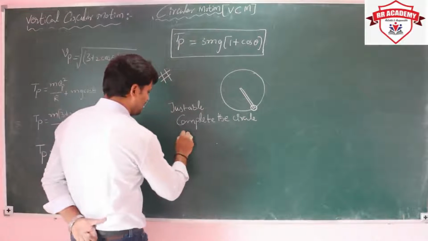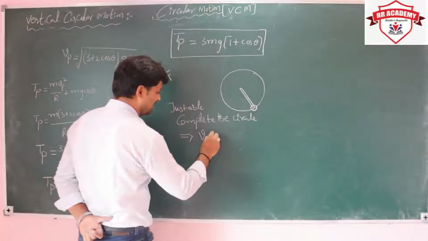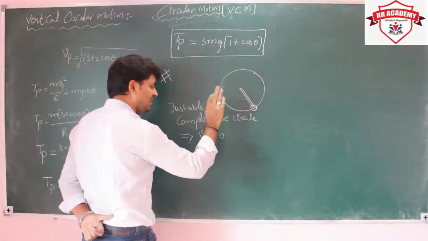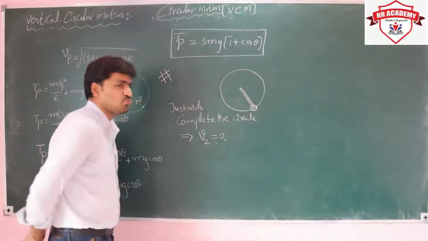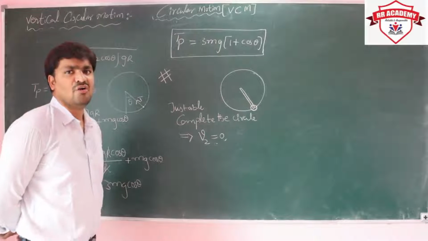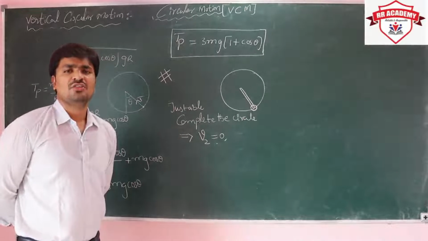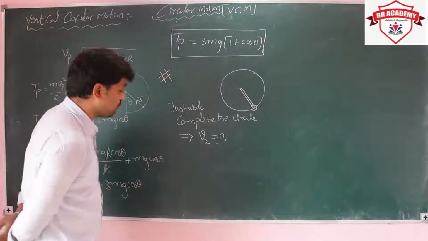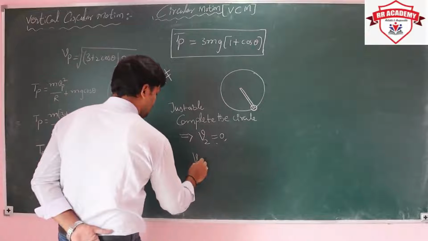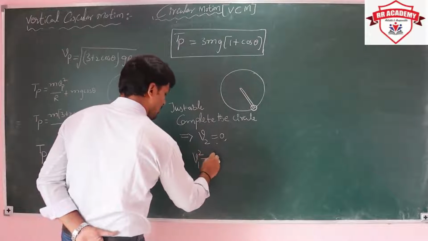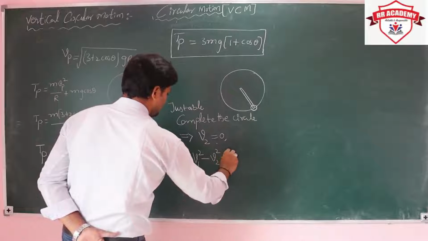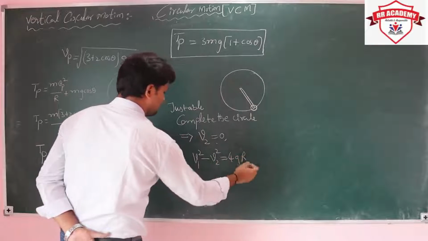At that condition, the velocity at the highest point is 0. Tension is already 0 and velocity at the highest point is also 0. Then what is the velocity at the lowest point? v1 square minus v2 square is equal to 4gr. You know that expression.